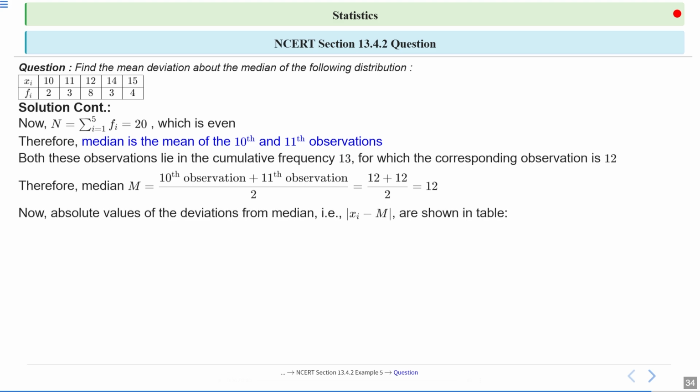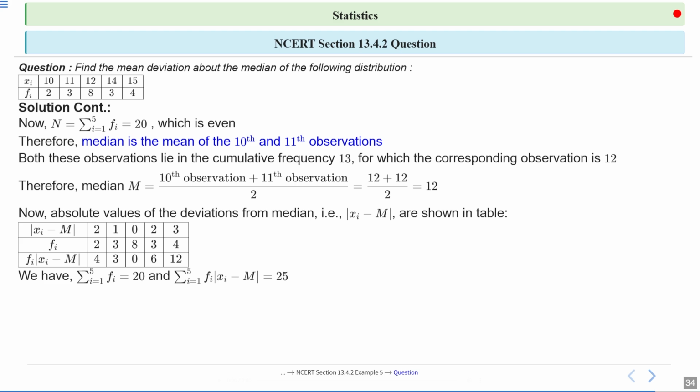So now absolute values of the deviations from median, that is mod of x_i minus m, are shown in the table. So look at this table. Here in this table we have absolute values of the deviations from the median, and we calculated the product of the corresponding frequencies and absolute values of the deviations from median.